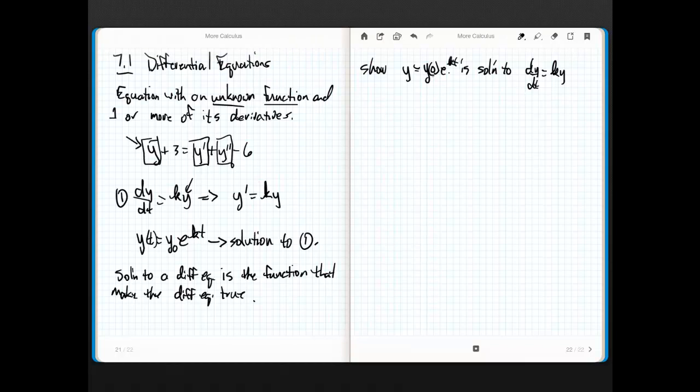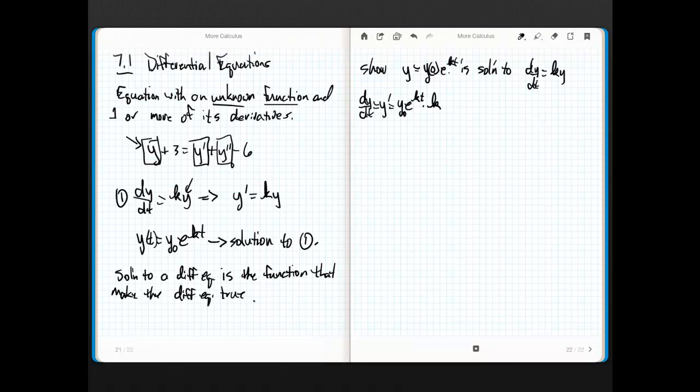If I'm going to prove that this is a solution to this, well, this has a dy over dt in it. So let's figure out what dy over dt is. Well, dy over dt is just y prime, which is equal to y naught e to the kt times k. Do you agree with that?